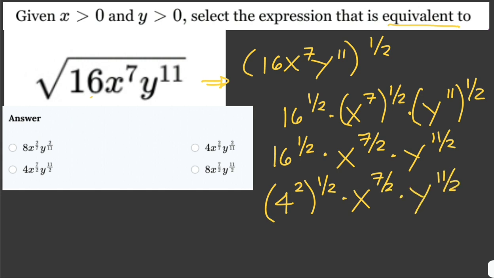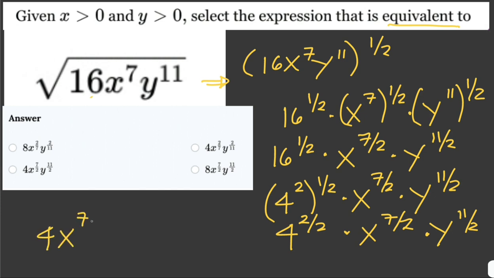And 4 squared to the 1/2 is just 4 to the 2 over 2 times x to the 7 over 2 times y to the 11 over 2. And 2 over 2 is just equal to 1. Therefore, the equivalent expression would be 4x to the 7 over 2 times y to the 11 over 2. So the answer here is this one.